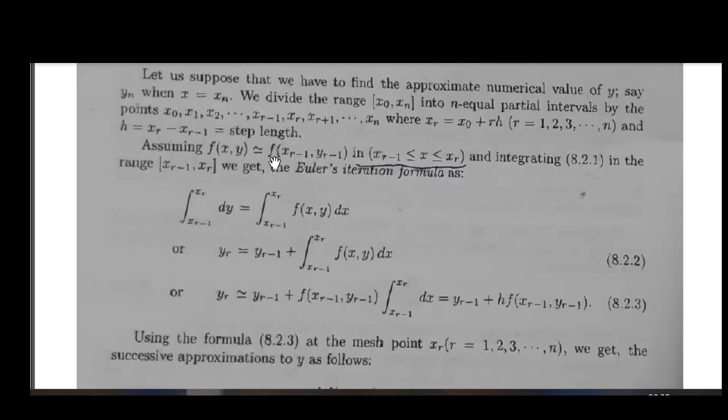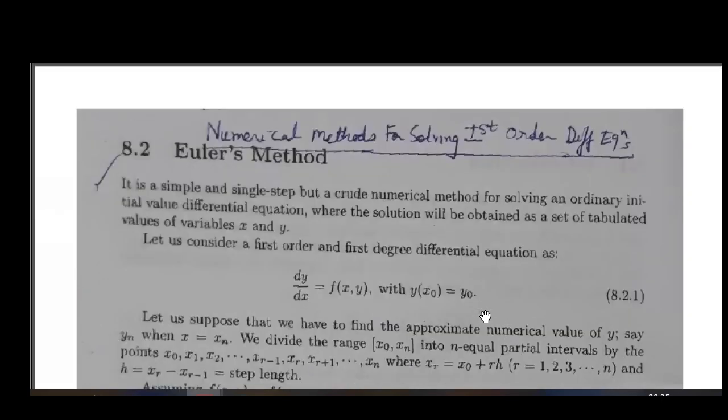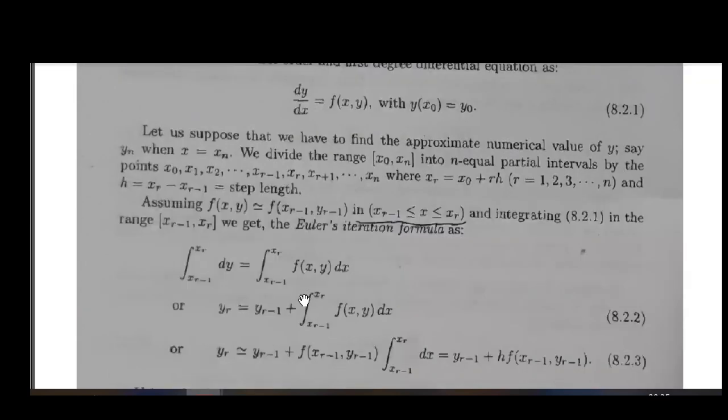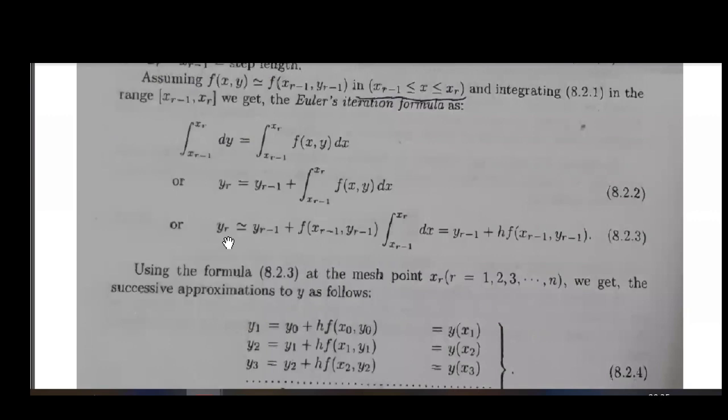Now this iteration formula which we derived here has a specific name: it is called the Euler method, after the scientist who first found it. So if you are trying to find the value of y at the point xr, that is given via this iteration formula.